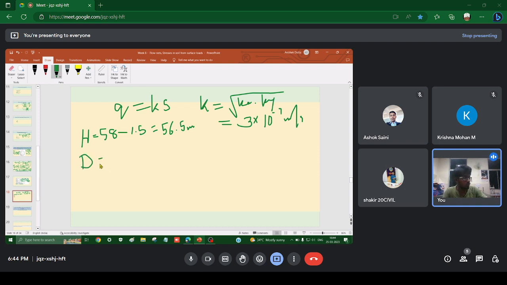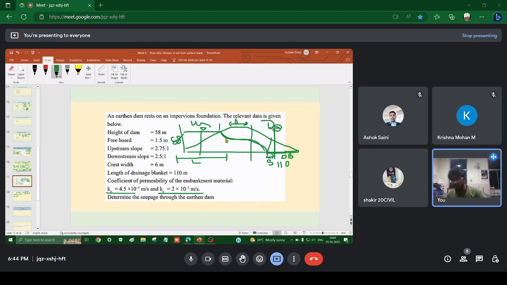D is equal to 0.3 L. This is the entire distance, from C to F. If this parabola is starting from here, then from this point till here, this is D. To find out D, we need to add each and every component: first this component, then this component, then the crest, then this particular component.